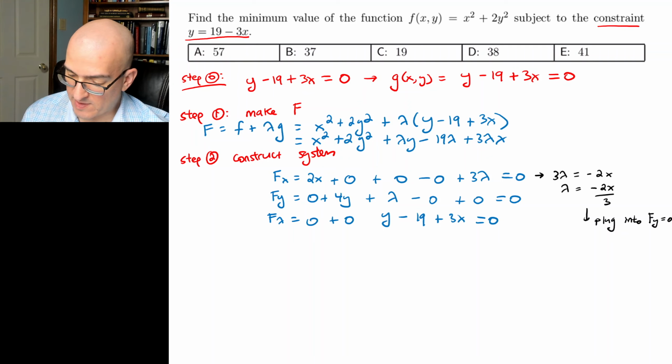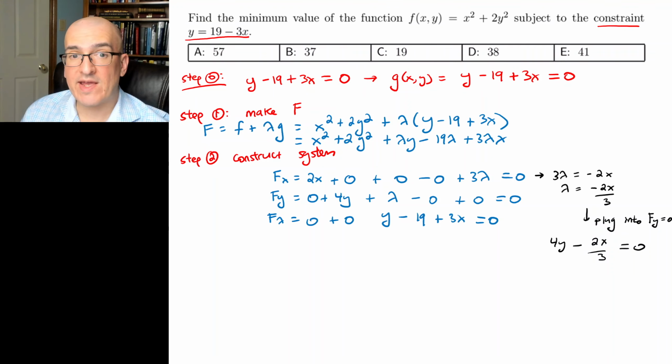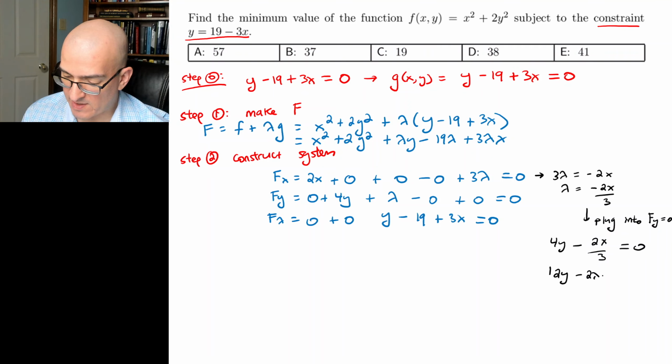When we do that, we get 4y plus lambda. So 4y minus 2x over 3 is equal to 0. We can get rid of the fraction right away by multiplying both sides by 3. So 12y minus 2x is equal to 3 times 0.